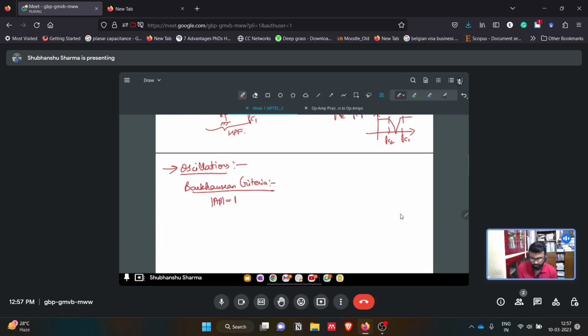Also, these oscillators work with a positive feedback network. The phase of that positive feedback and the phase of the main circuit should add up to 0 degree. That's why this Barkhausen criteria is given.